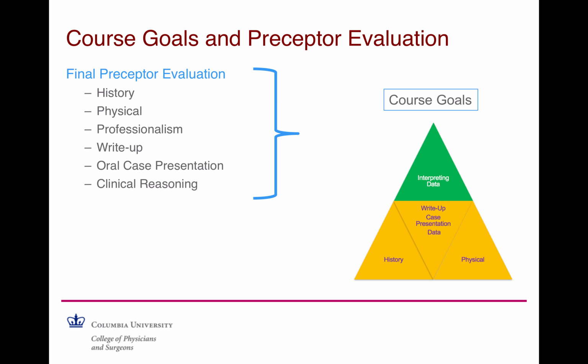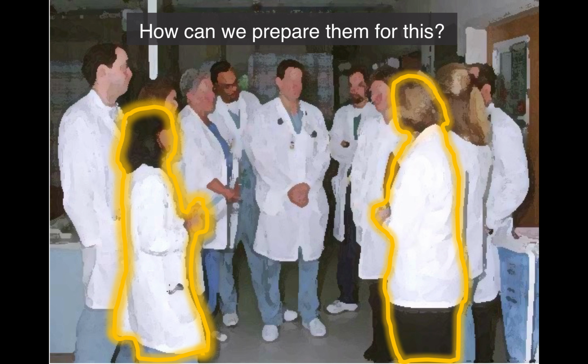The history, physical, professionalism, write-up, presentation, and clinical reasoning are not only our course goals, but those are the exact same things that you will evaluate students on at the midpoint and at the end of the course. So the challenge now is thinking about how we can best prepare our students to enter the ward successfully.